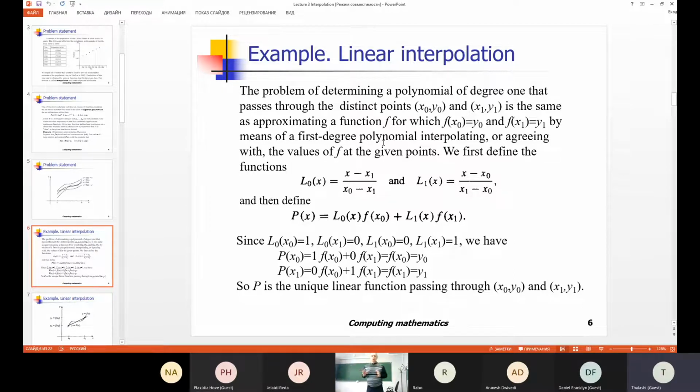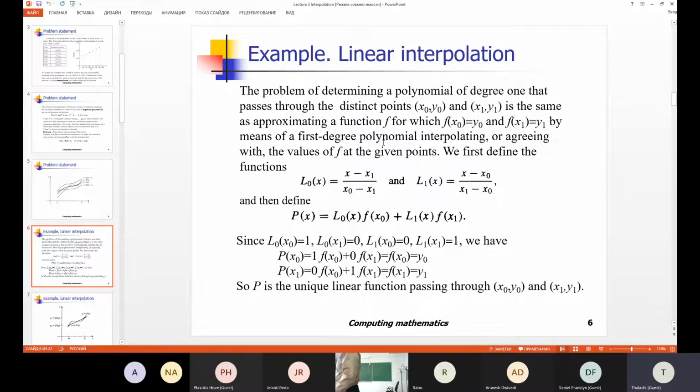What is the value of the first coefficient, the first term in this formula? Yes, I ask you about this term: x minus x1, or x0 minus x1. But we should find the value of this term at a fixed, given point, x0.